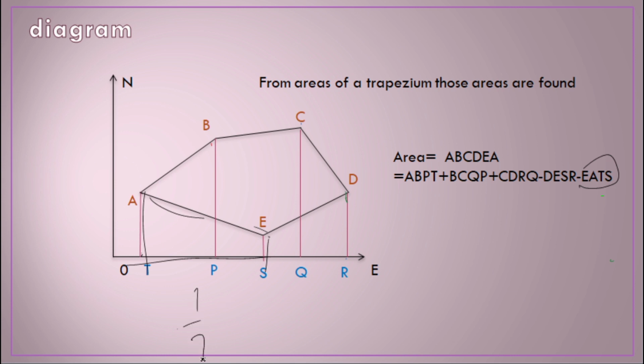So that is half into, we can say here it's A, here it's B, then the distance from T to S, that will be our last H, so H5 or A5, B5. But if you can, you can avoid that, it is not necessary.